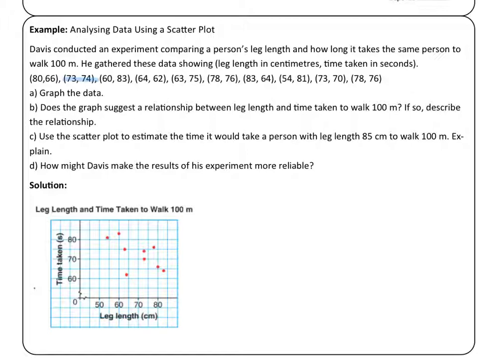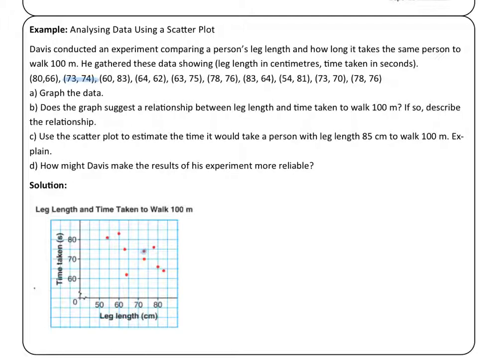So that 73, 74 is over here at 73 and 74. So it's this one right here, not this one that I sort of attempted to go over, but this top one here. So you'll notice that each one of these points represents one of the points on here.